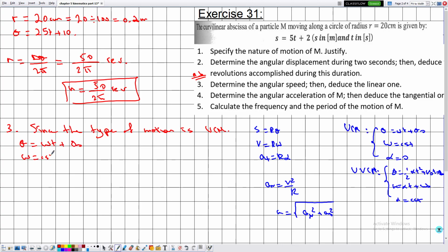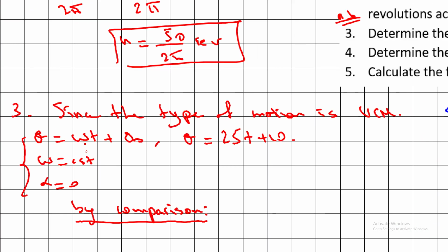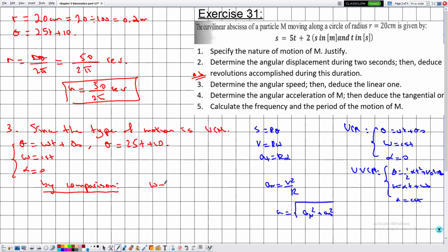Omega is a constant and alpha is equal to 0, in which the given form is theta is equal to 25t plus 10. Then by comparison, comparing linear terms, we can see that omega is equal to 25 radians per second, corresponding to the angular speed.